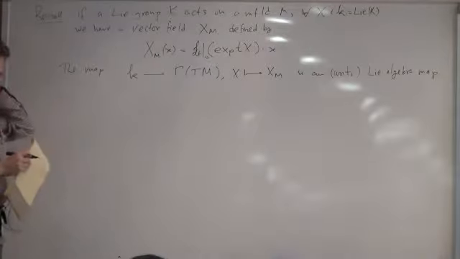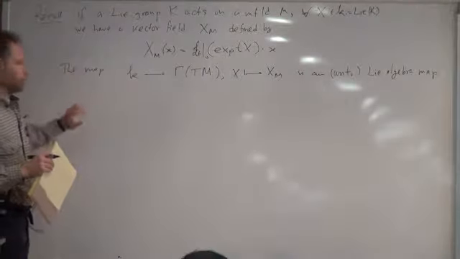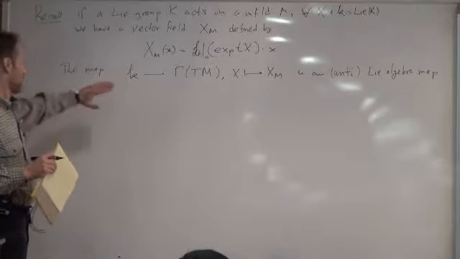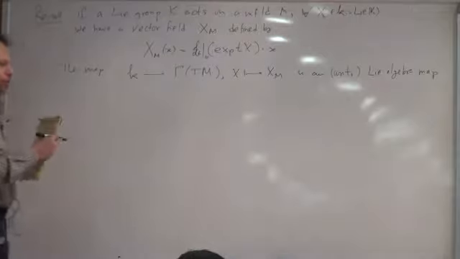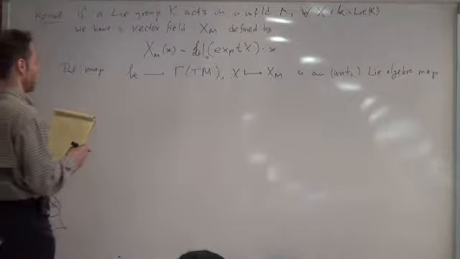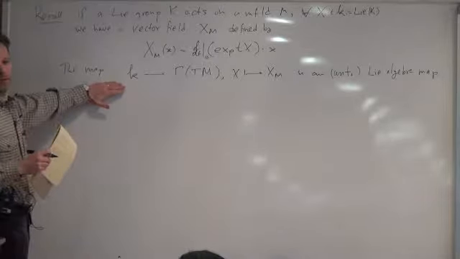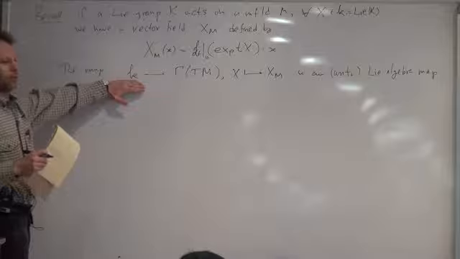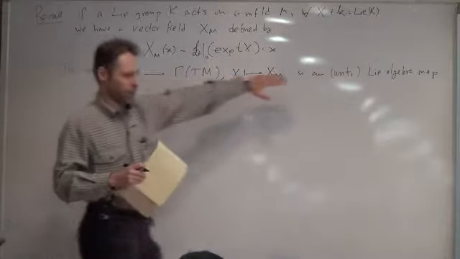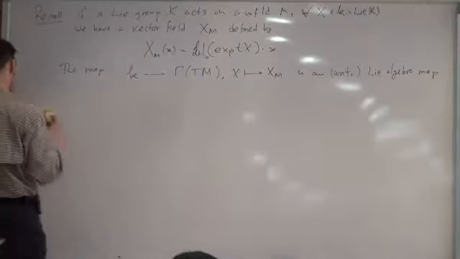I'm going to ignore this sign because pretty soon we'll be looking at the abelian groups. The brackets will be 0 and I won't have to worry about it. But people go through a big song and dance about whether it's a Lie algebra map or anti-Lie algebra map. Sometimes the Lie algebra is redefined as right invariant vector fields, then it is a Lie algebra map. And this is what McDuff and Solomon do.